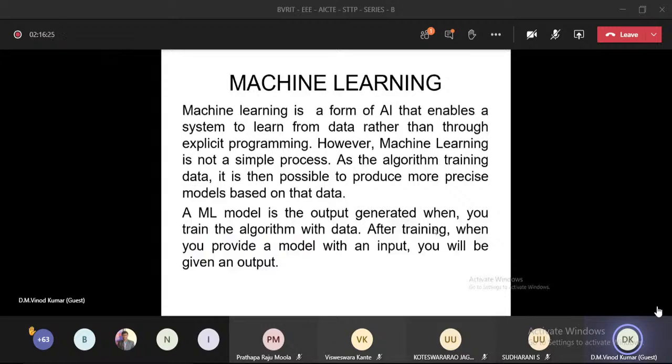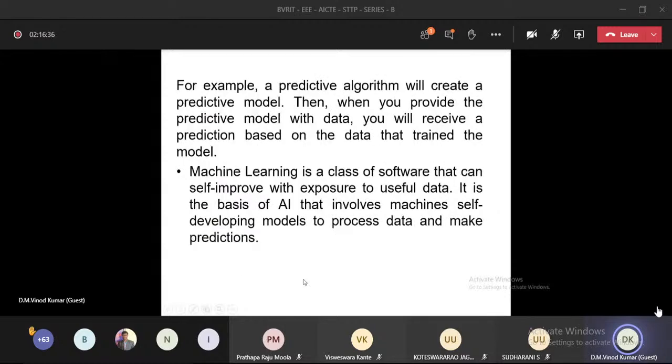After training, when you provide the model with an input, you will be given an output. For example, there are several algorithms, predictive as well as descriptive, which I will talk about later. Mostly these predictive algorithms do prediction. In predictive analytics, there are several algorithms, like regression, that create a predictive model.